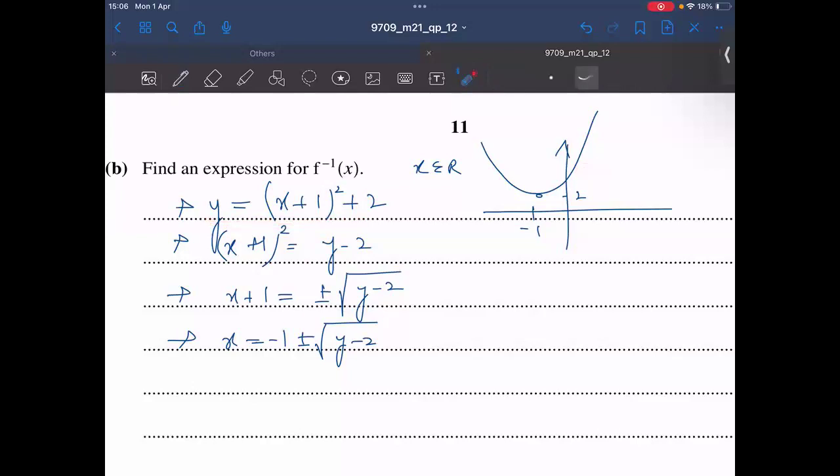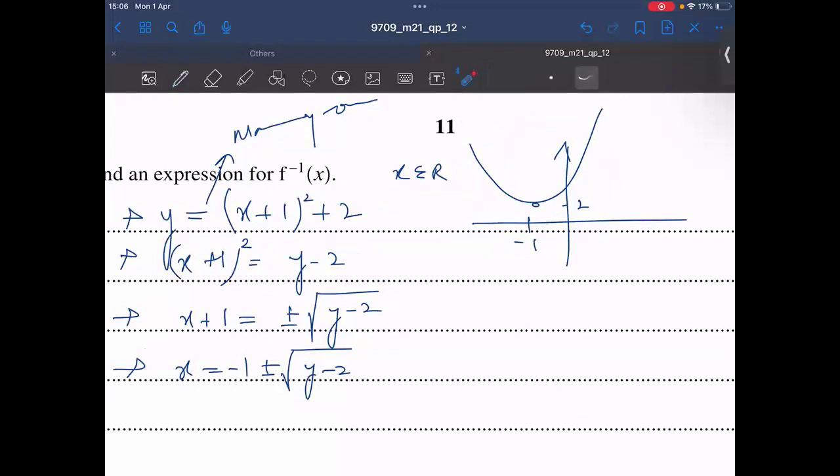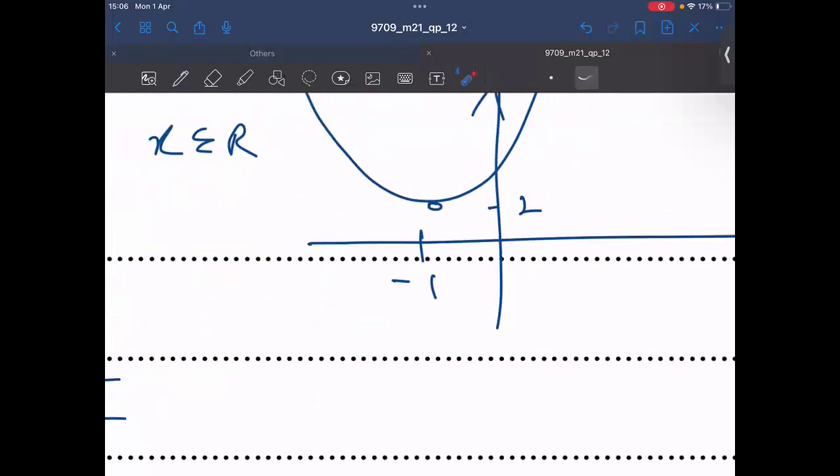For this domain, you're going to have the graph of f(x) like this, and this tells you that your relationship is many to one. Many to one relationship means that for multiple input values, you have the same output value. For example, for this output value of 3, you have 2 corresponding input values, this one and this one.